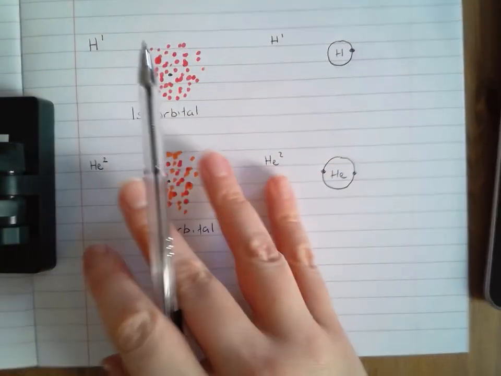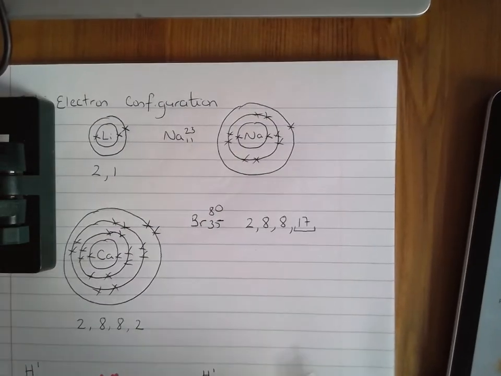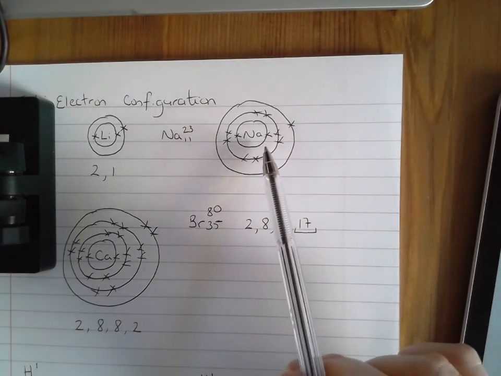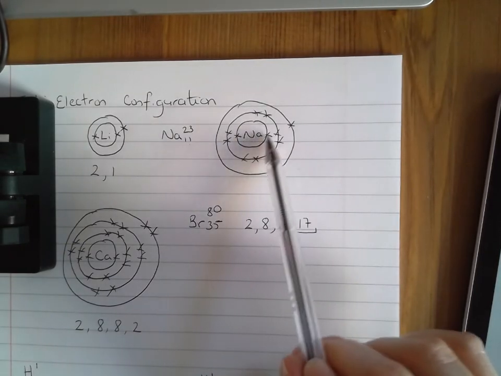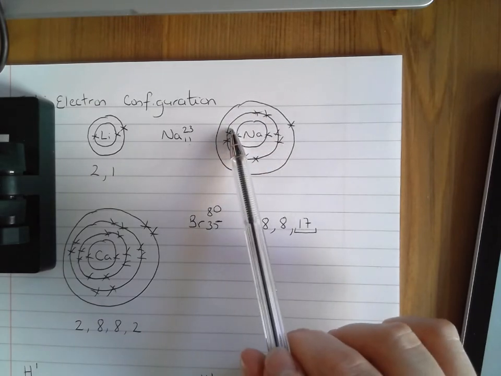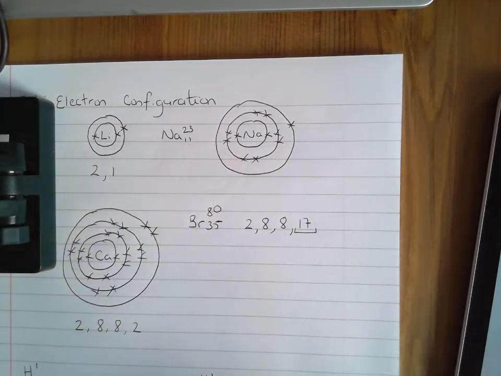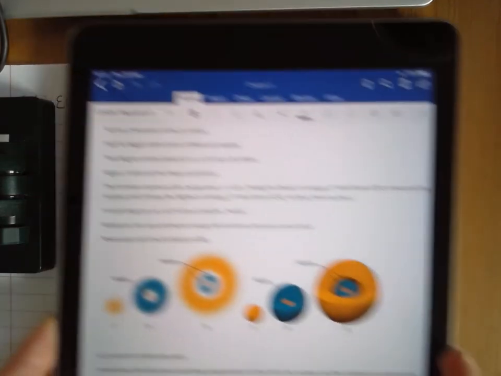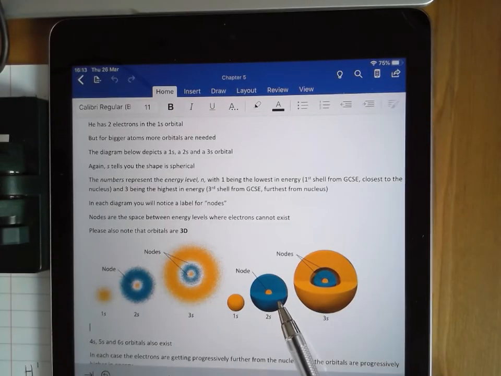Now, if we go back to our GCSE model, you will see that we had 2 electrons in the first shell, that's fine. But in the second shell, we have got 8 electrons. In my 2s orbital, I can only hold 2 electrons, and then my next s orbital is jumping up to the third shell.